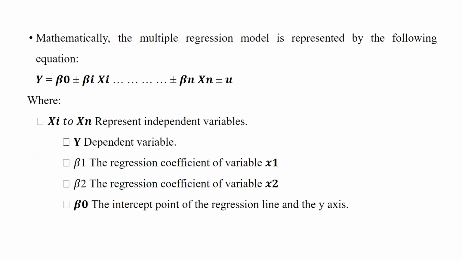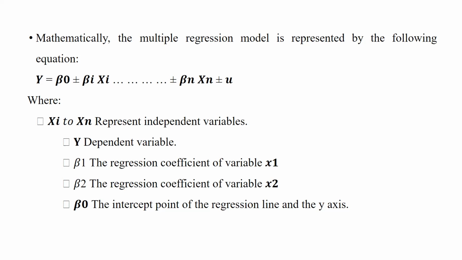Y is denoting the dependent variable. Beta 1, beta 2, and beta 3 will be representing the coefficients of variable x1, variable x2, and variable x3. Beta naught will be representing the intercept point of the regression line.